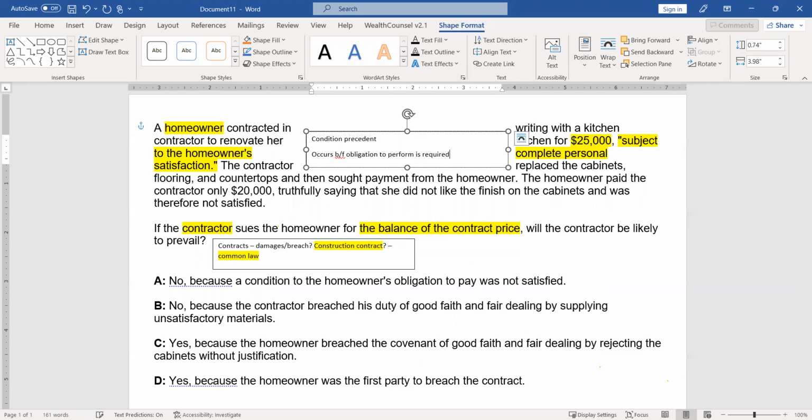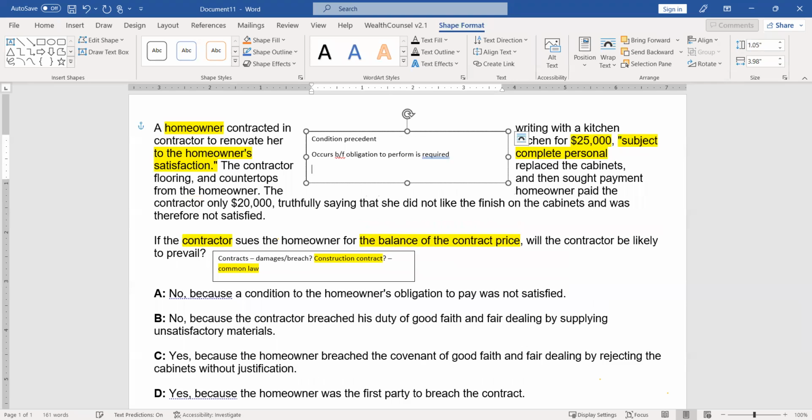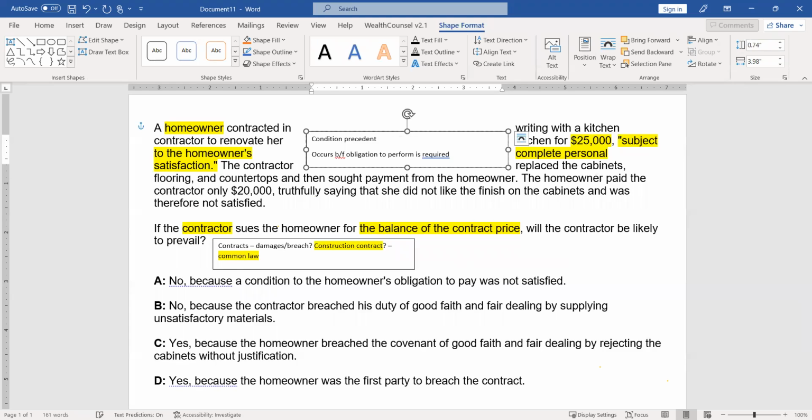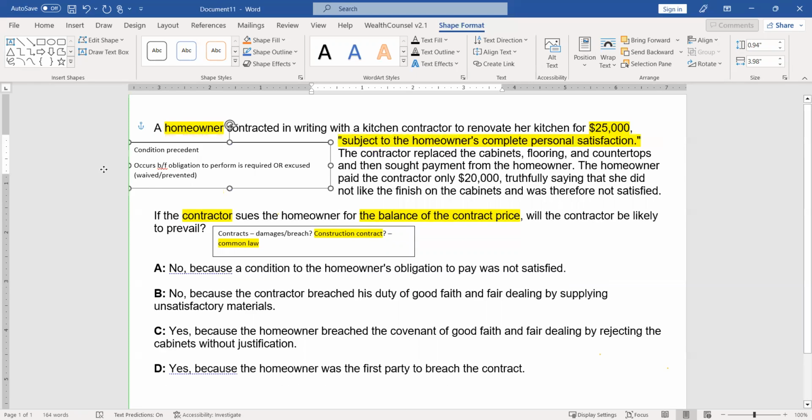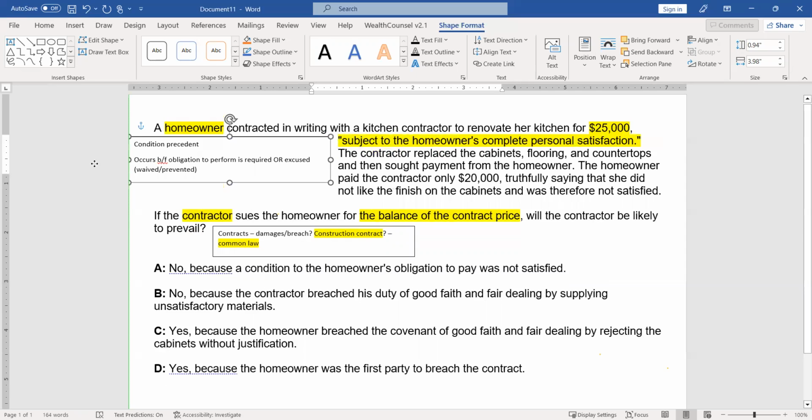This should be in the back of your mind. You don't have to write it out on your materials, but these would be the things that would be running through your mind. Or it's excused in some way, which means it's waived or prevented from occurring. That can force the other party to perform even if the condition has not occurred.